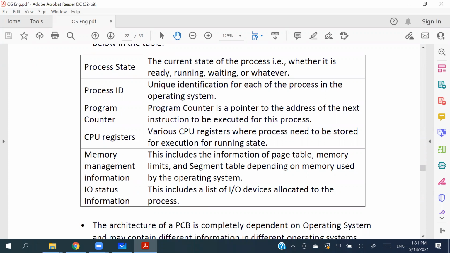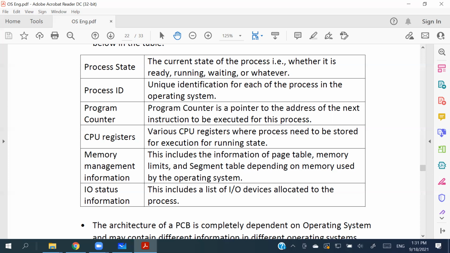As well as the CPU registers, which the process needs to use when it is in execution. And memory management information, like how much memory is given to this particular process and what segment is available for it. There is also something called a page table and the details of those page tables, and the memory allocation, how much space this process is given.